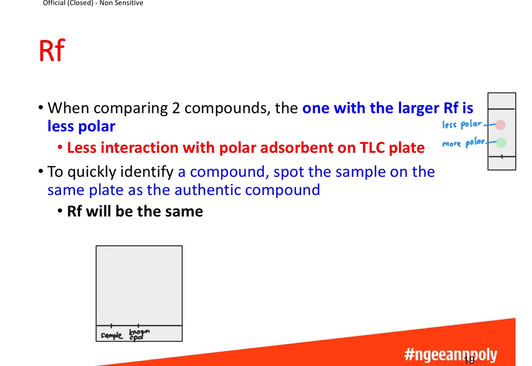Sometimes we may also want to do a co-spot, which means to spot both the sample and the known compound on that spot, just to see whether it forms one or two spots when the TLC is completed. So at the end of the TLC, if the compound in the sample is indeed the same as the known compound, you would see that they have the same RF, the spots have traveled the same distance. And if we did a co-spot, you would also see only one spot.